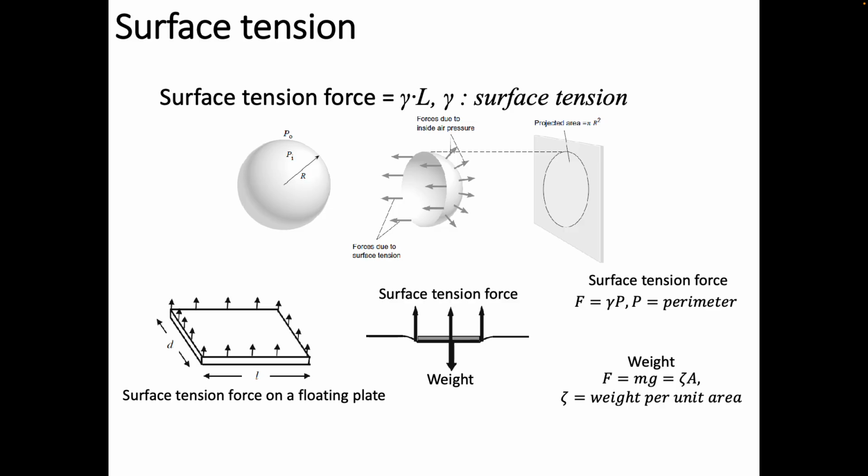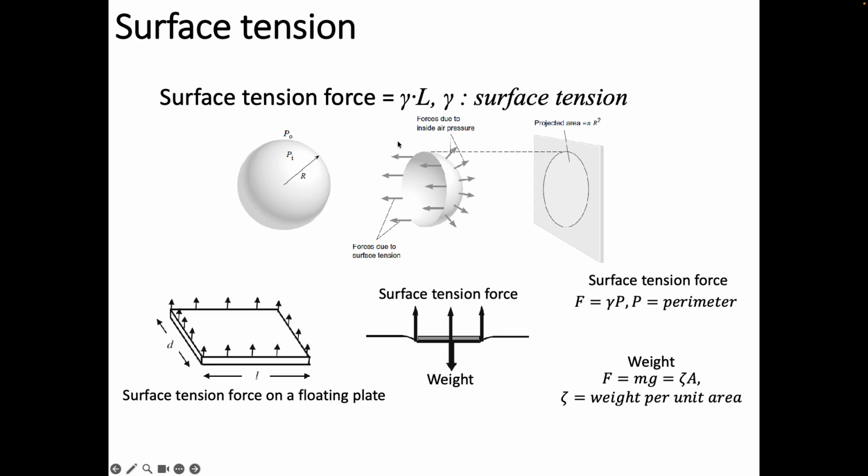This surface tension force can be obtained from the surface tension, which is a property of the liquid interface. For example, commonly it is a liquid-air interface, and that liquid-air interface property defines the surface tension.